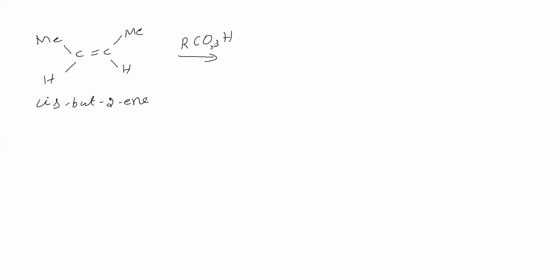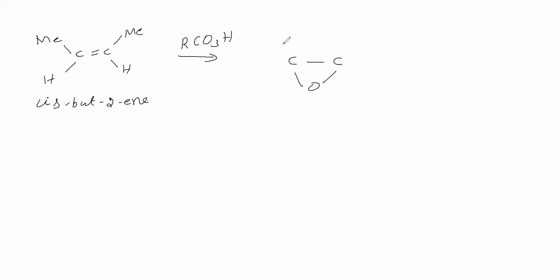So what are we getting? Now here see this oxygen adds in between these two carbons. These two carbons make a bond with the oxygen. Therefore the carbon-carbon double bond becomes a single bond, and these two carbons making bonds with the oxygen make a cyclic ether.